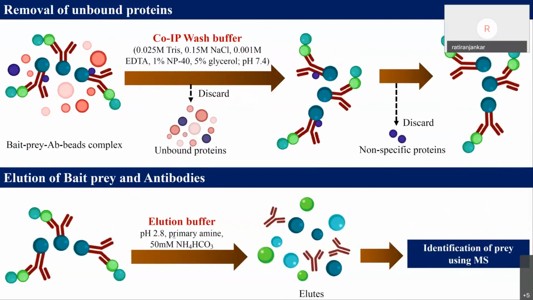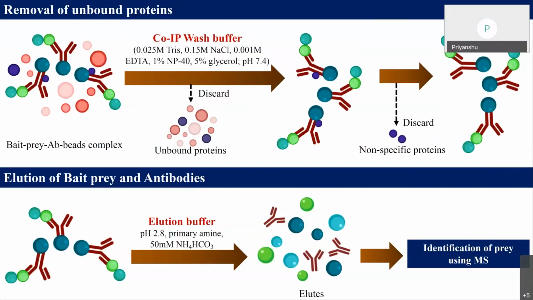So what primary amine does is, once you know this particular antibody, you can see my screen, right? Yeah. Once you know the antigen antibody complex interactions, these antigen antibody interactions are basically non-covalent interactions.